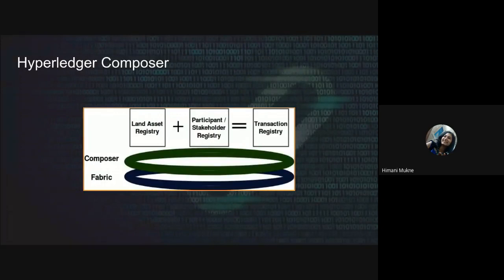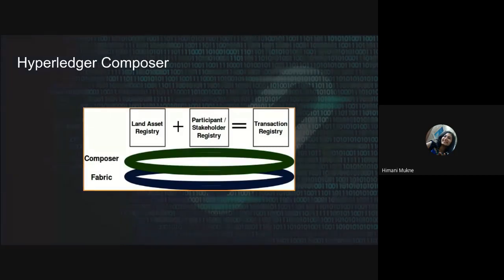The chaincode in Fabric can be written in Golang, Google's very fast programming language, or Node.js, but that requires the network manager to know how to code in Golang. So Composer here provides a nice abstraction.